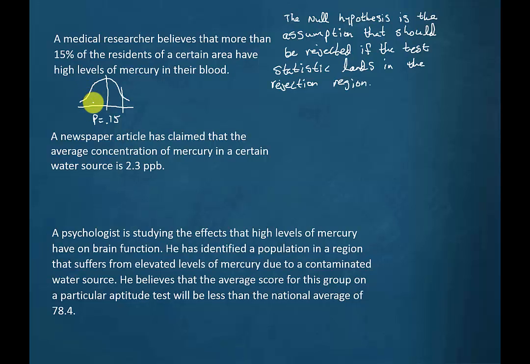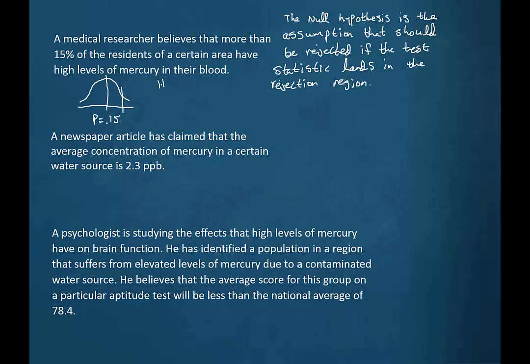If the sample proportion is less than 15%, there would be no sense in trying to use it to argue that the population proportion is greater than 15%. But if the sample proportion is actually greater than 15%, then we might start to think about whether it's big enough that we would reject that the population proportion is 15% in favor of it being greater.